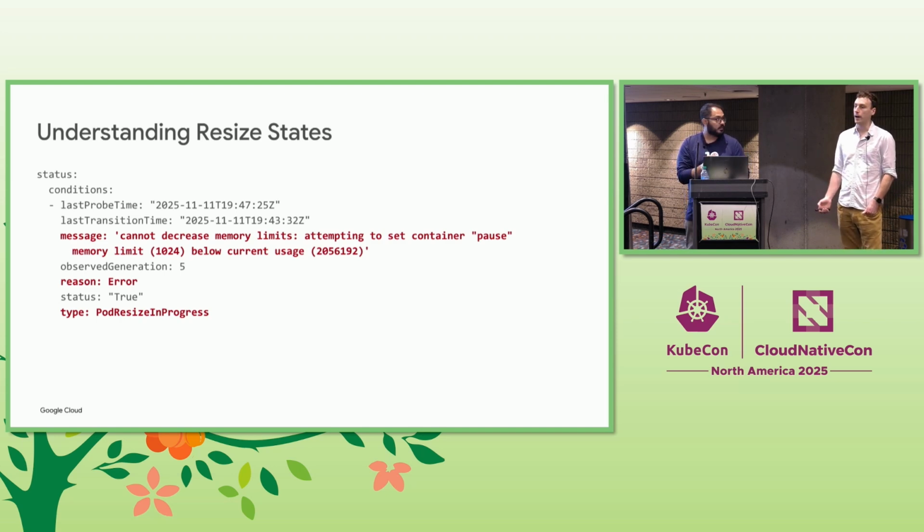I say best effort because there are some race conditions here where if usage spikes right when the kubelet is applying the changes, it could still end up triggering an OOM kill. And so if you are really sensitive to disruption, I recommend being careful with decreasing memory limits.